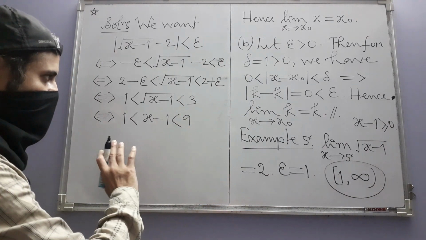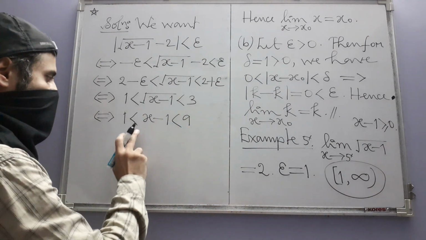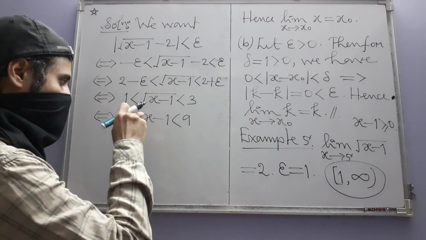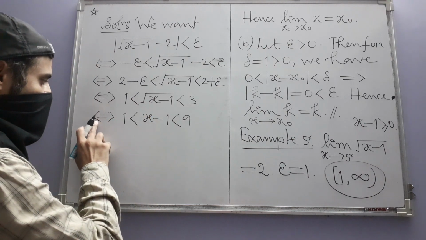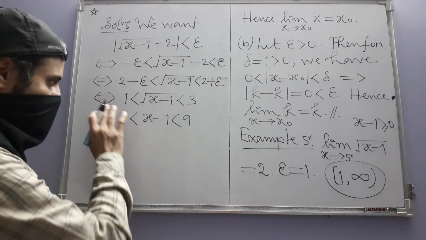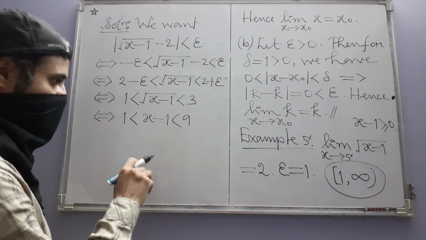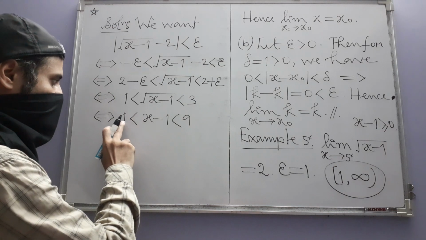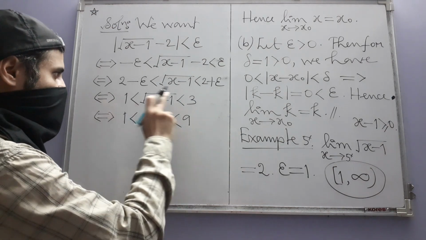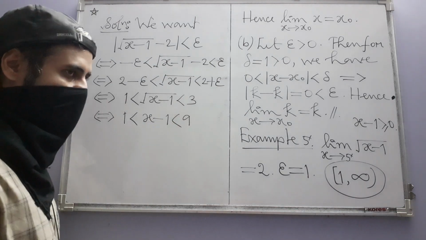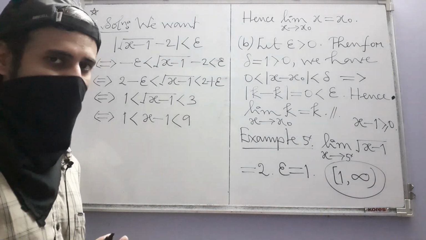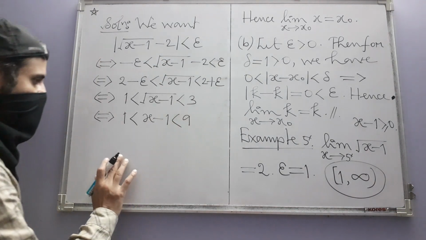I mean, they won't get reversed or anything like that. But can you go from these inequalities to these inequalities as well? Because we are writing equivalence, it's not merely implication. Yes, you can, because 1, 3 and root x minus 1, these are also all positive real numbers in fact. That is why.